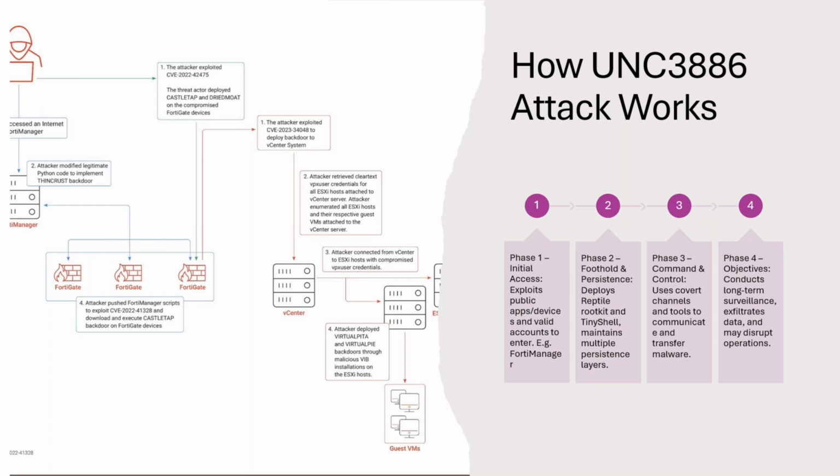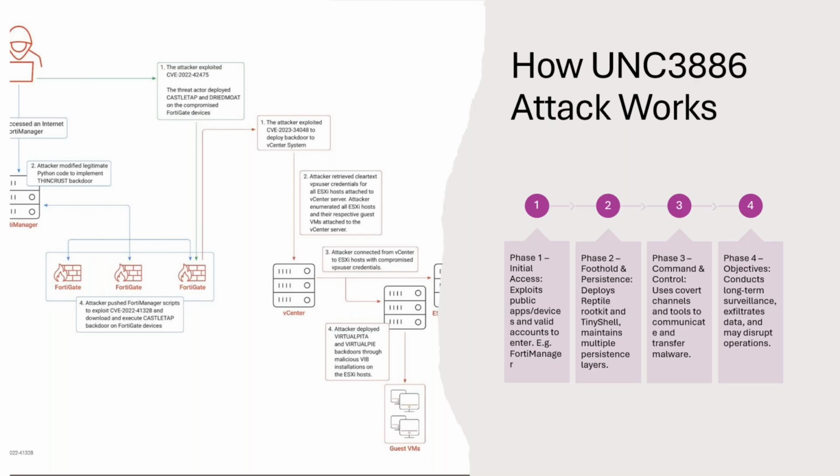First one, initial access. They may exploit some publicly accessible apps or devices for a known vulnerability or zero days. In that chart on the left-hand side, it is FortiManager, a piece of software to manage FortiGate firewall gateways, etc., which was a zero day abuse.